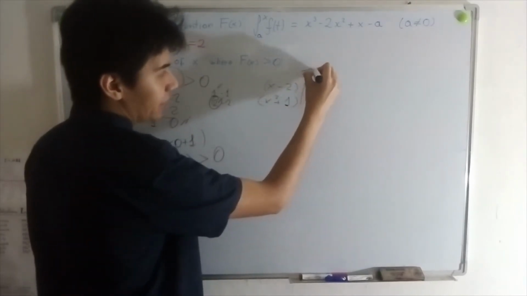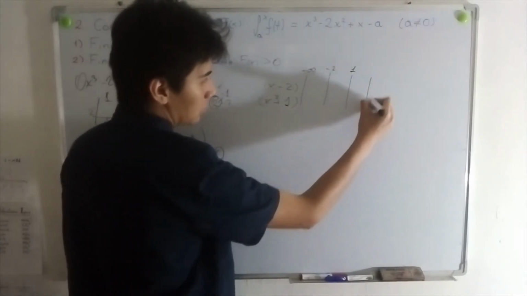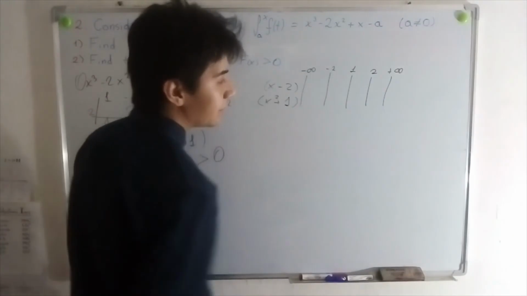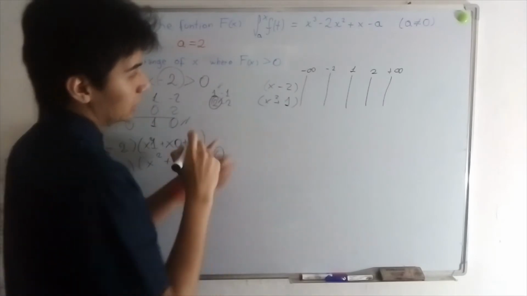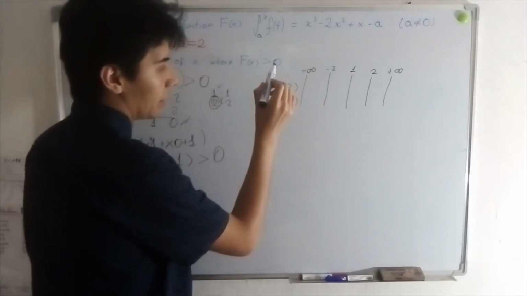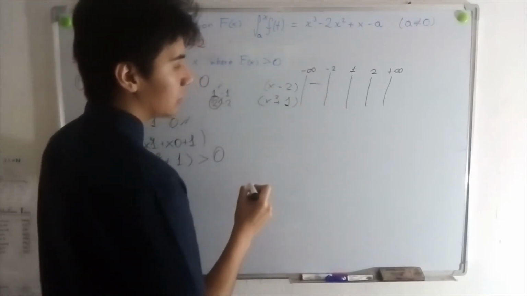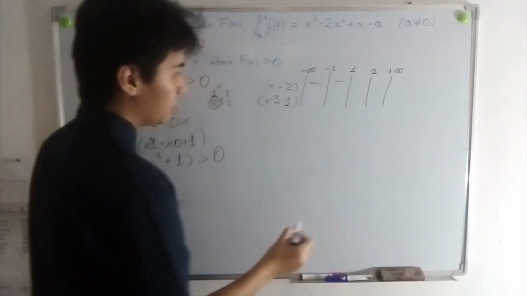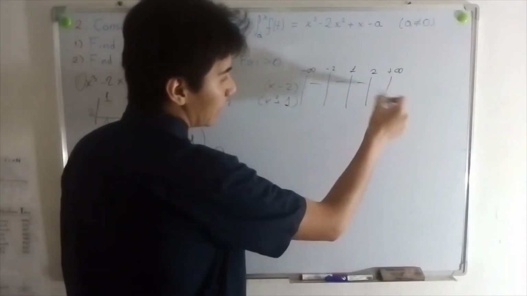That is negative infinity, minus 1, 1, and 2, and positive infinity. When this expression is between negative infinity and minus 1 it is negative. When it's between minus 1 and 1 it is negative. When it's between 1 and 2 it is negative, but here it is positive.